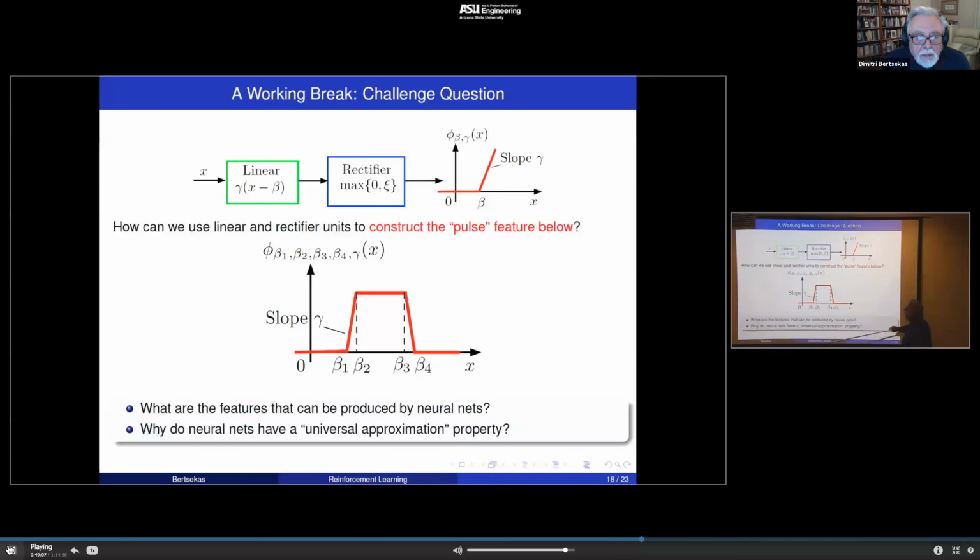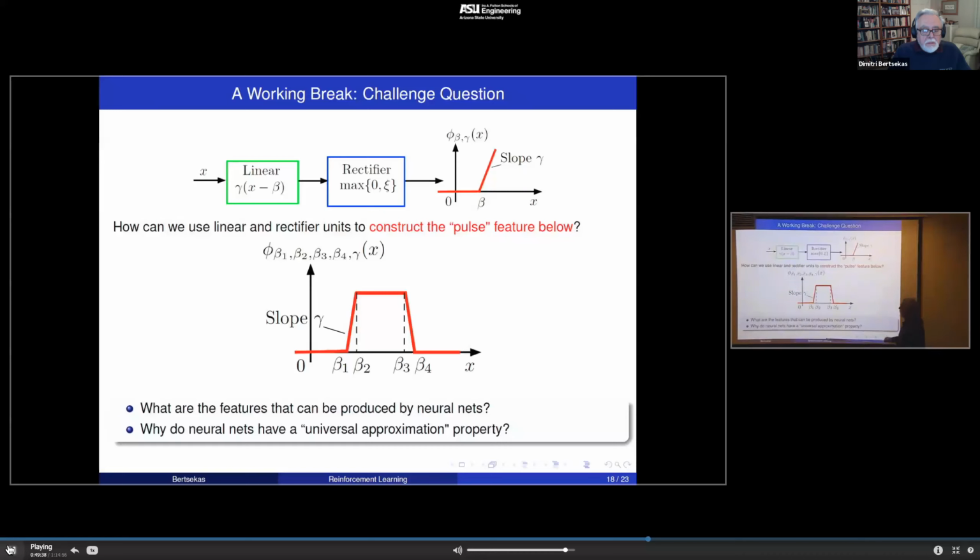So let's view this as a fundamental operation. And my question to you is, how can we use linear units and rectifier units to construct another feature, this feature whereby you input x, and at the output, you get this function. Okay? So I want you to think of how you can use units like this to produce a pulse type of feature.